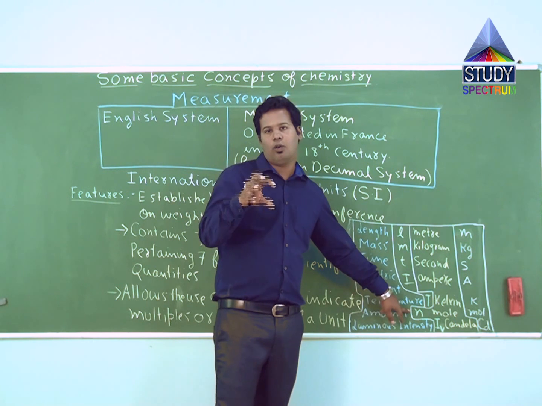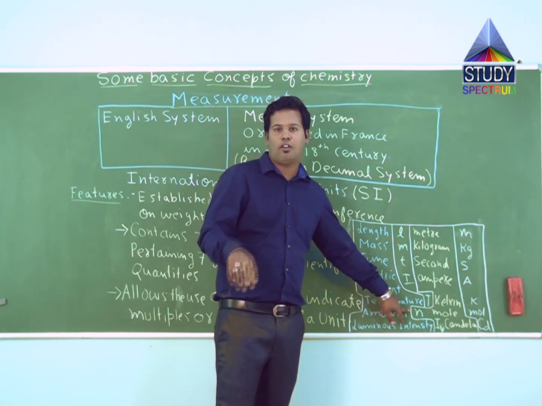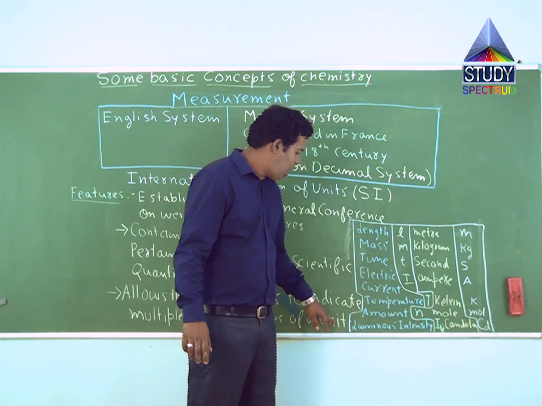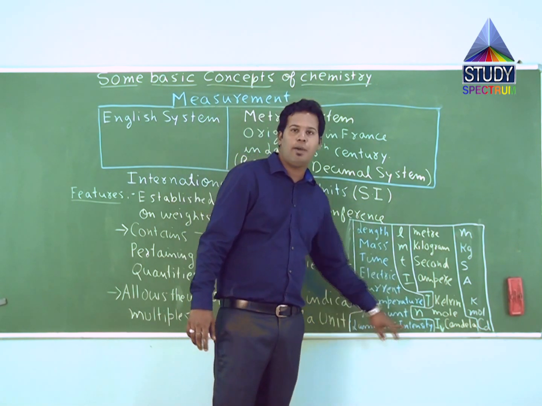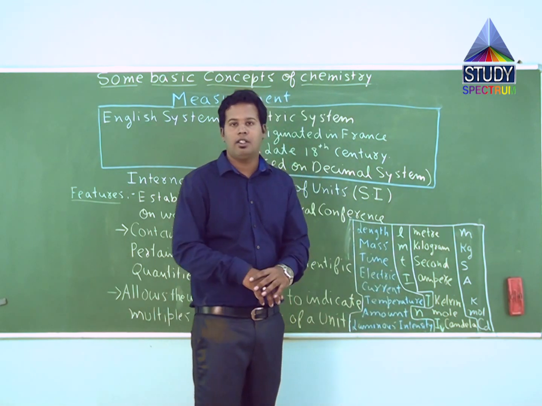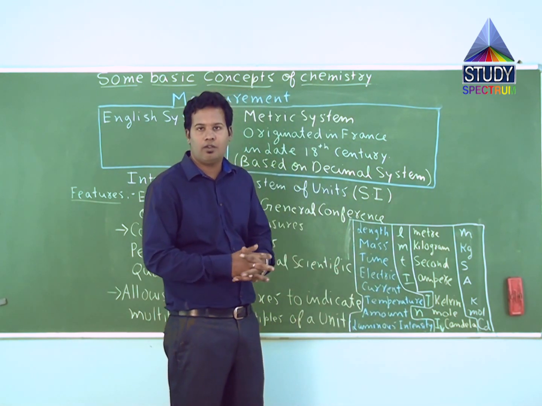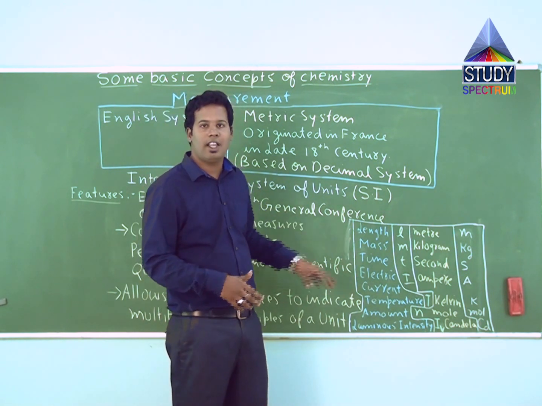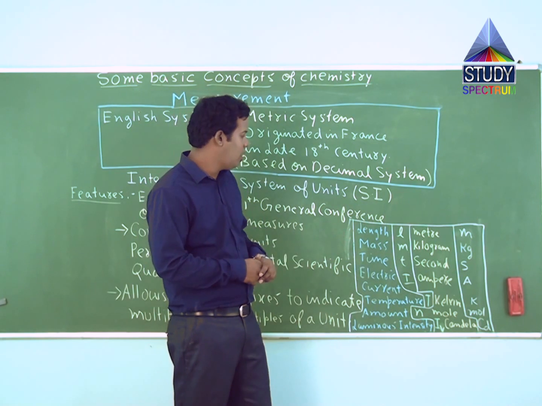Already we have just taken a gist of mole concept. Mole is represented by small n. And luminous intensity is represented by capital I with suffix V. Only capital I means current and capital I with suffix V means luminous intensity. These are the symbols for these 7 base units respectively.